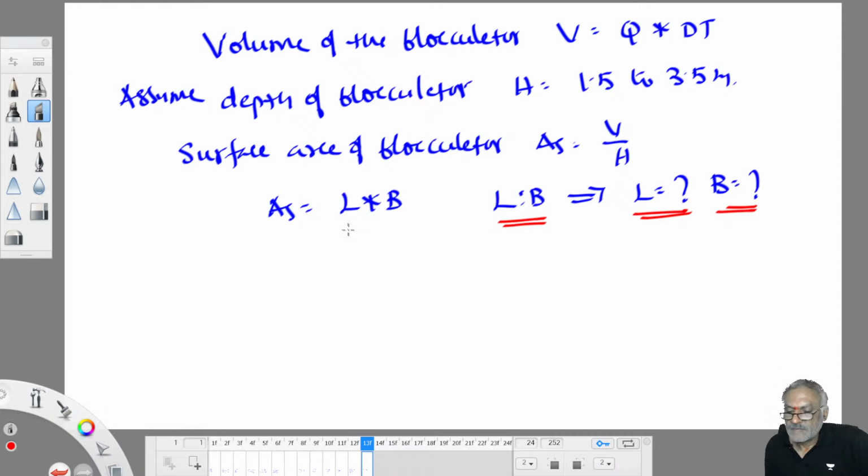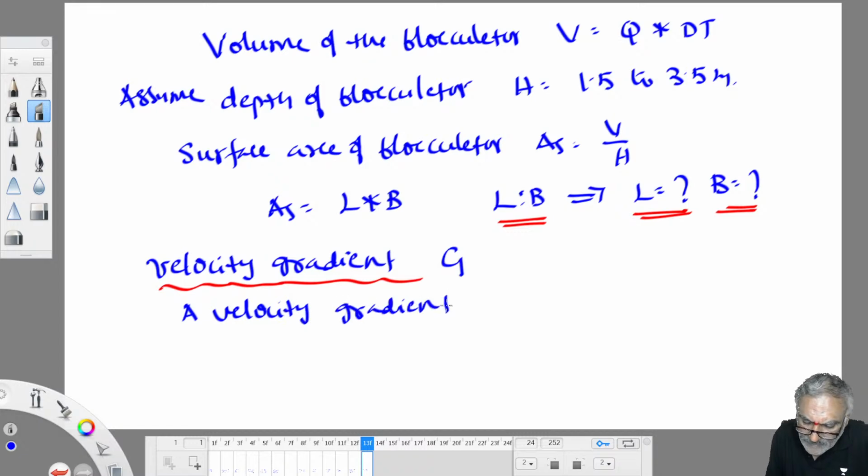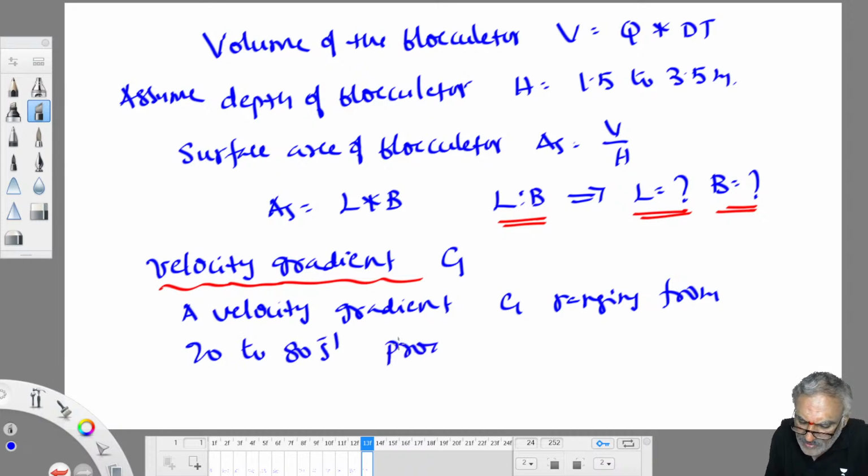Okay. Once we know dimensions, then we cross check with velocity gradient. The velocity gradient ranging from 20 to 80 second inverse produces good flock in water.